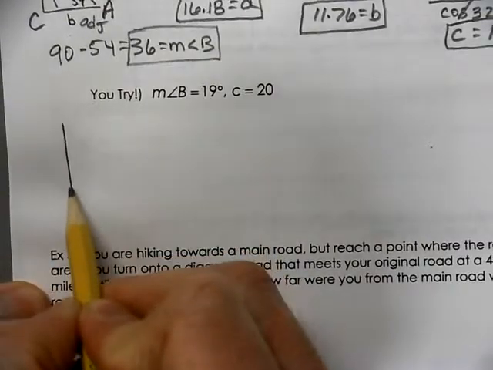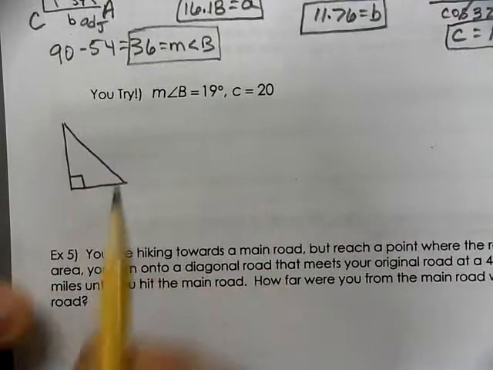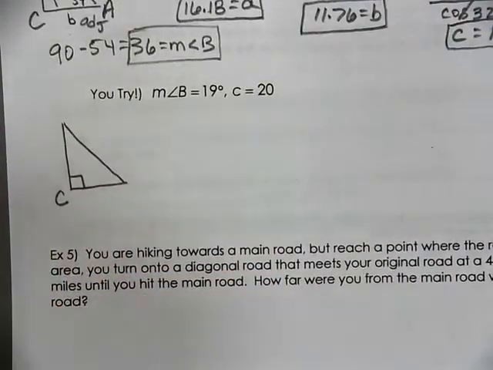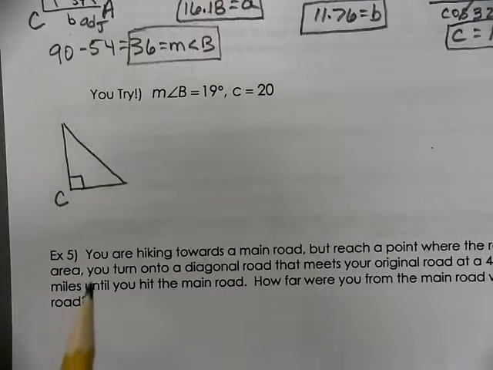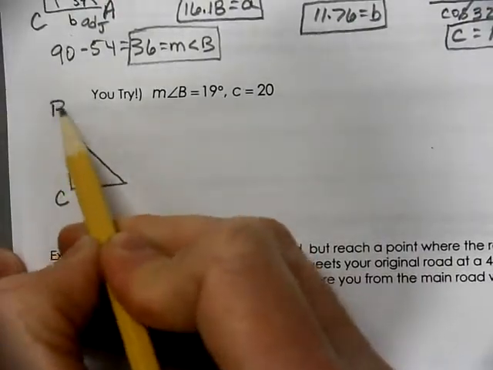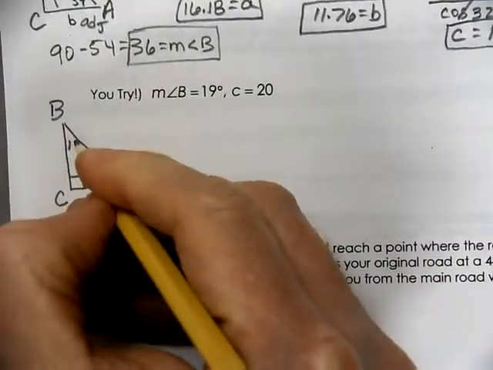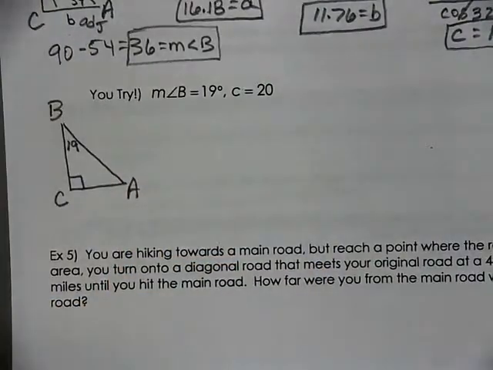We would make our right triangle. Remember we talked about C. This is very important. C is the right angle. It doesn't matter what the other two would be. It looks like this one might be smaller, so let's call it the 19. This one looks a little bit bigger, so let's call it the other angle.